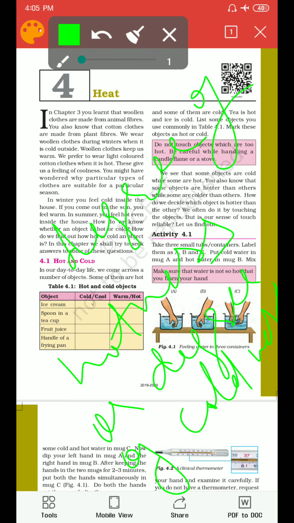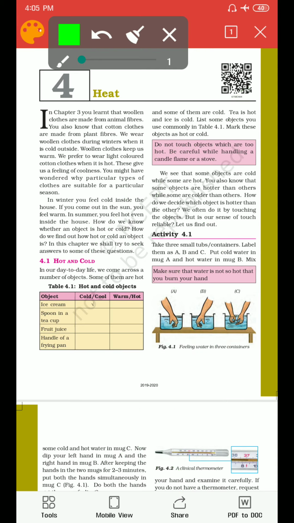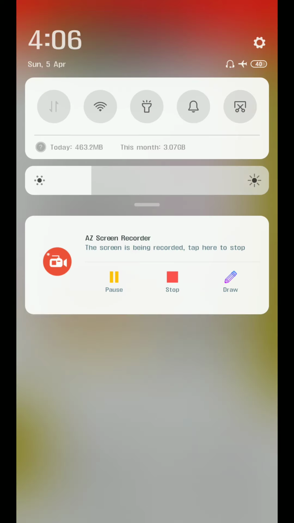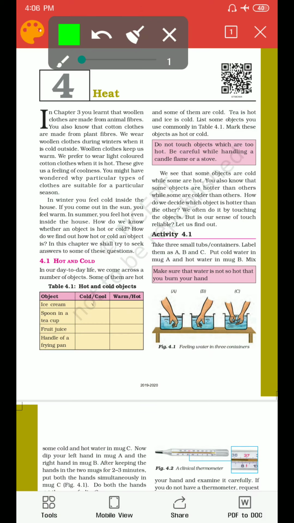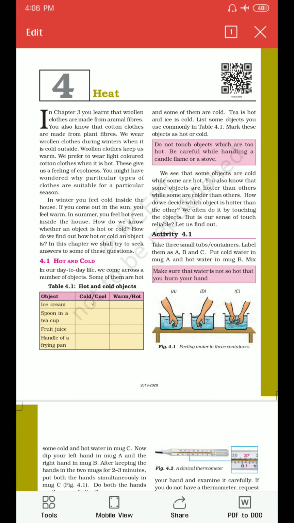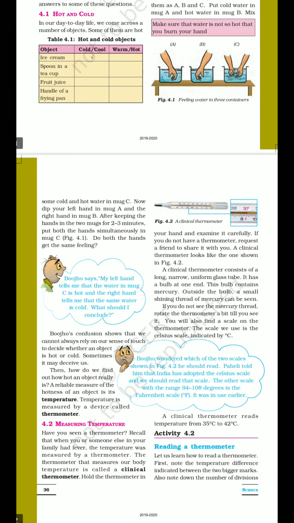So we were talking about the thermometer. Students, let's start to study the structure of the thermometer.